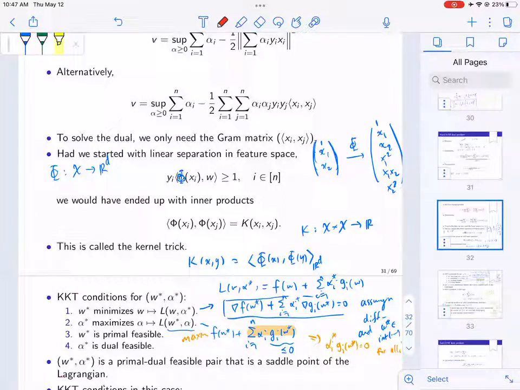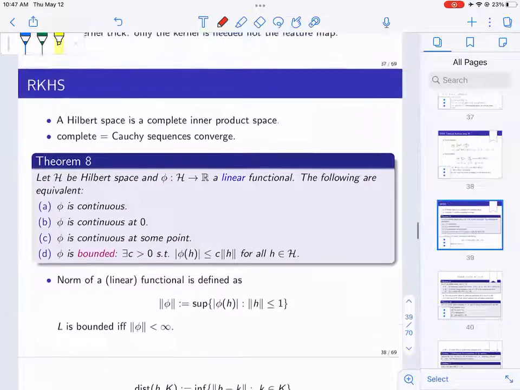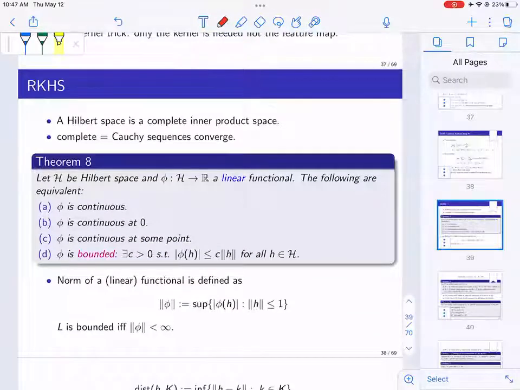Now we have a more complicated, nonlinear function. The function class that you're looking at is the RKHS, the reproducing kernel Hilbert space of the kernel. That's what we're going to come back to next. I'm going to start with a very basic review of a bit of functional analysis, to be able to say something more rigorous about these things.